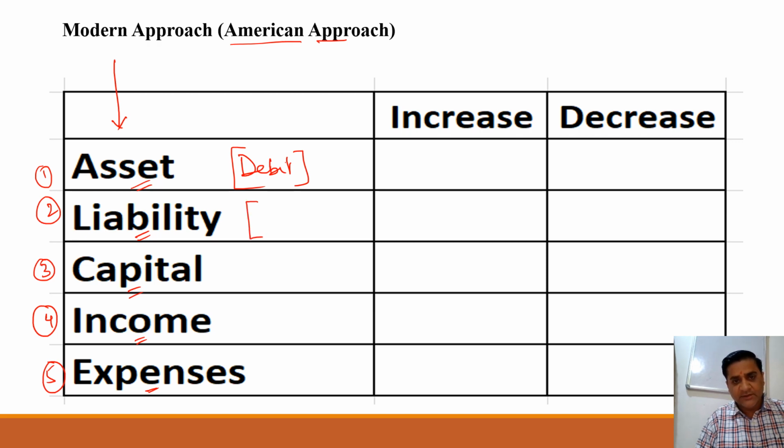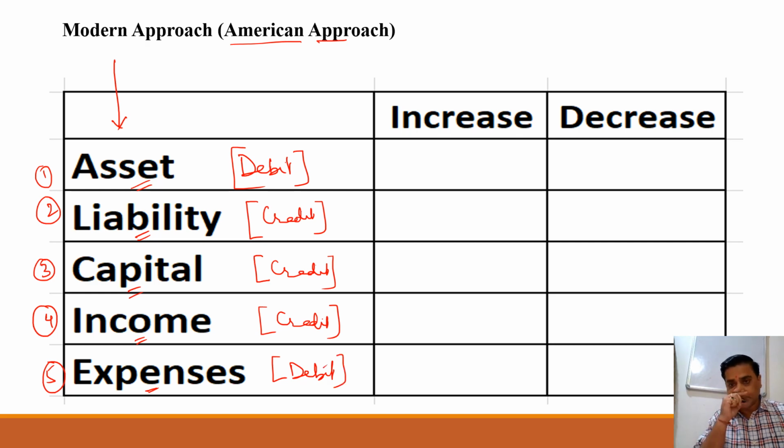Similarly, liability, being the opposite of asset, has a credit balance. Capital also has a credit balance. Income has a credit balance by default, and expenses have a debit balance by default or by nature. So the first one and the last type of account have a debit balance, and these three have a credit balance.